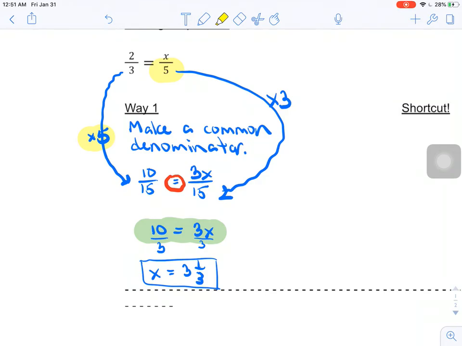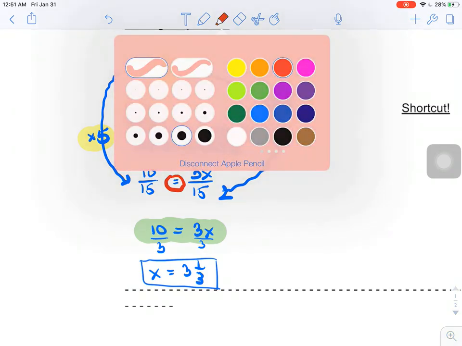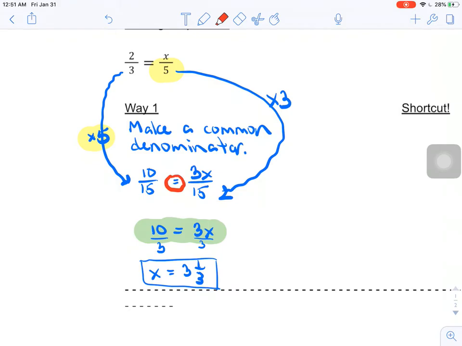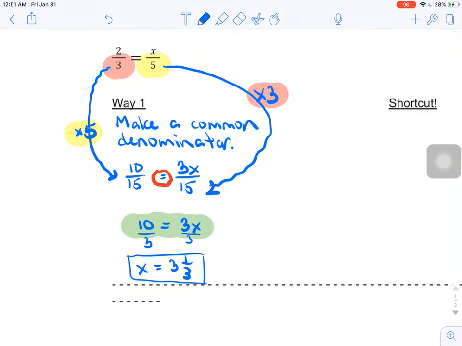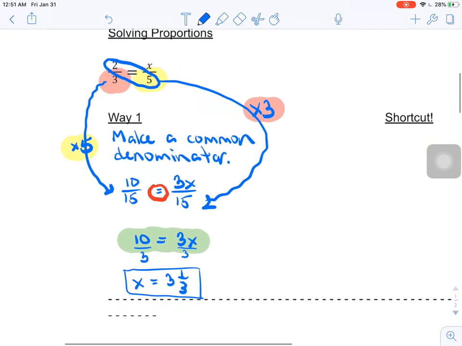Now, the 3 times x on the other side, that we got when we had to take the original numerator, the x, and multiply it by 3. Well, again, that happens to be the denominator of the other fraction. So in the process of making a common denominator, we ended up taking each numerator and multiplying it by the opposite fraction's denominator. So in order to get 10 over 15, we ended up doing 2 times 5, and that's where the 10 came from.